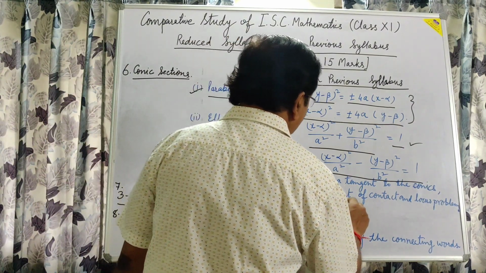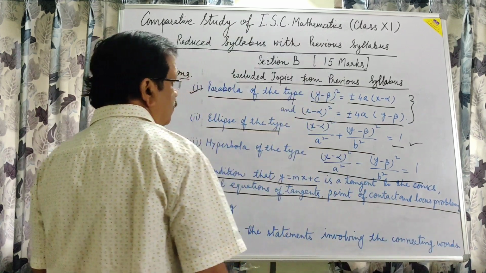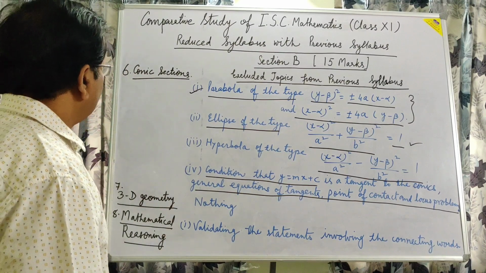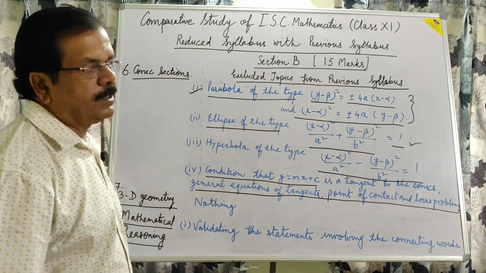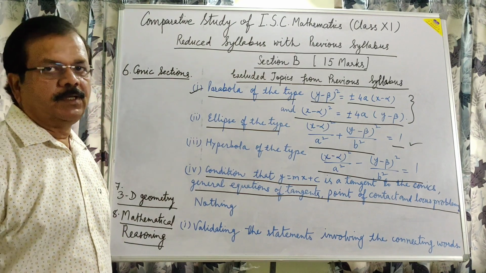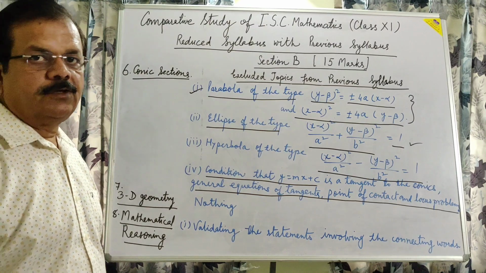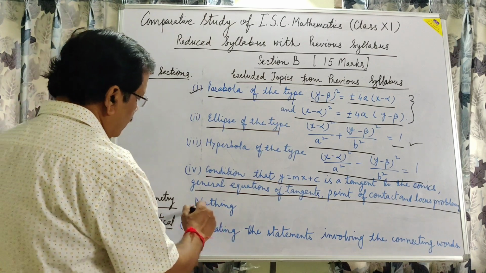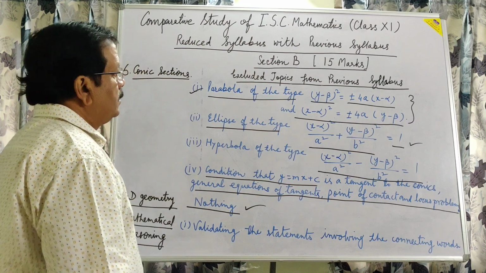All these topics were very important, but this is excluded from the previous syllabus. This means as a whole from conics, so many important things are excluded. Now in the chapter Introduction to Three-Dimensional Geometry, nothing is excluded. All the topics will remain as it is.